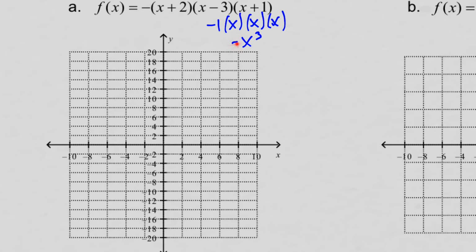Since the leading coefficient is negative and my power is x to the third, my term here is negative x to the third. Since this number is negative, it's going to go down on the right side. Remember what I said? The a value tells you exactly what's happening on the right side of the graph. The power tells you if it's even that both sides are the same, right?